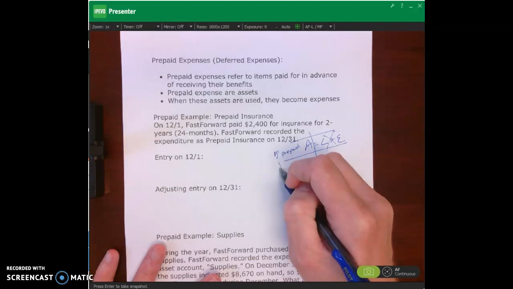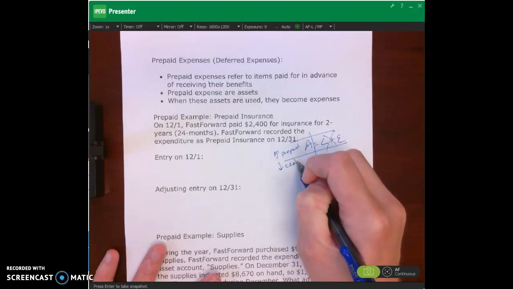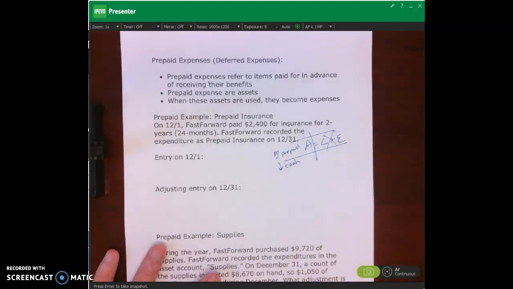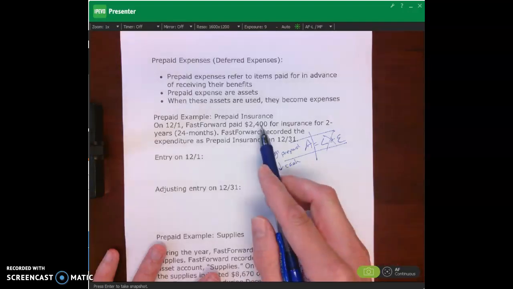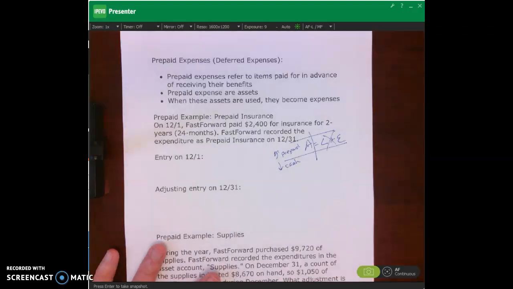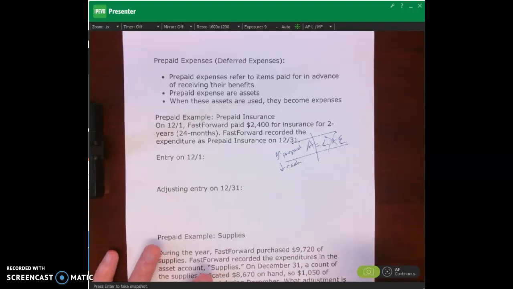Cash. Another asset, cash, is going down. So in terms of how this affects the accounting equation, total assets, liabilities, and equity are unchanged. It's just that one asset, prepaid expenses, goes up by $2,400. Prepaid insurance, to be more specific, goes up by $2,400. Another asset, cash, goes down by $2,400.